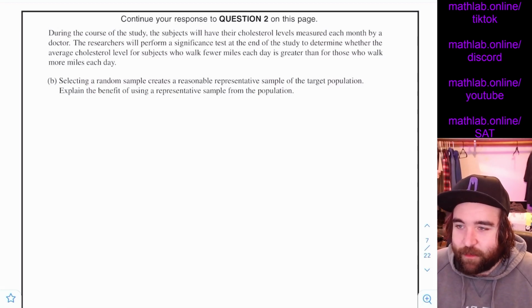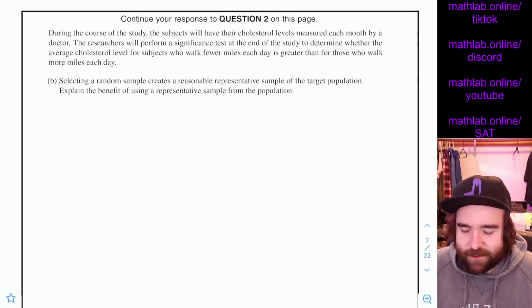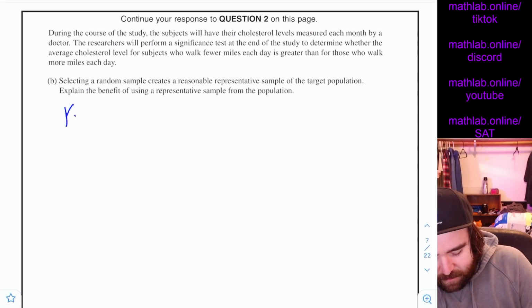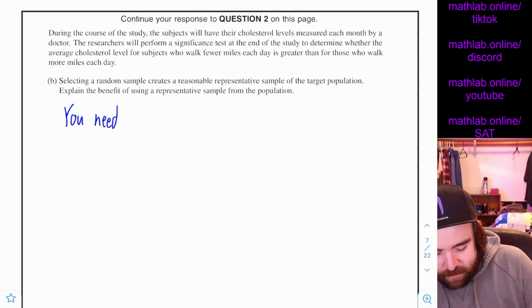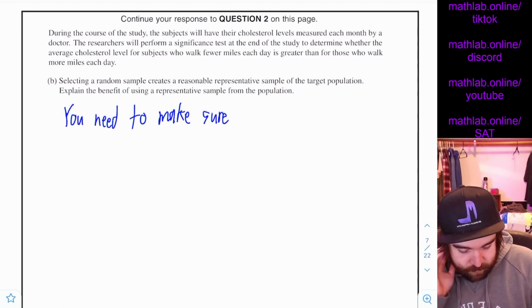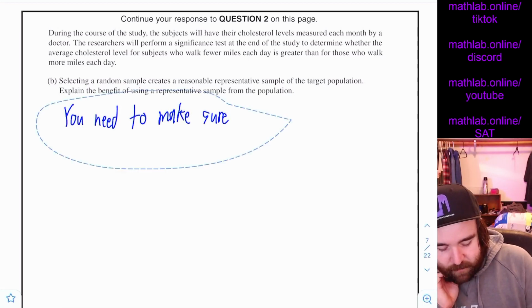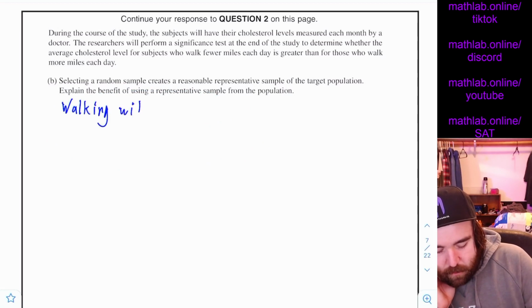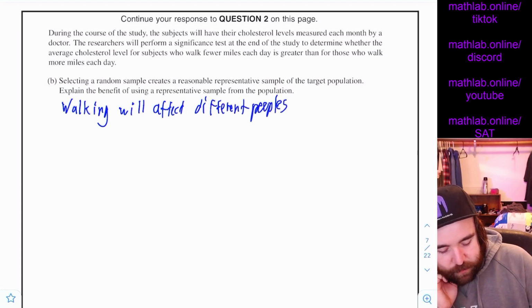So why do you have to use a representative sample? Just in a study in general? You need to make sure, or just try to explain it in context. Walking will affect different people's cholesterol differently.